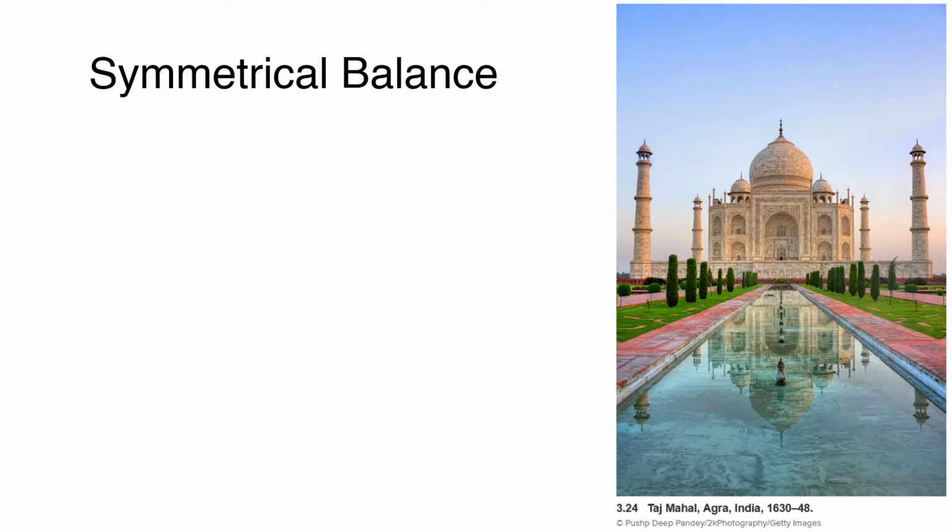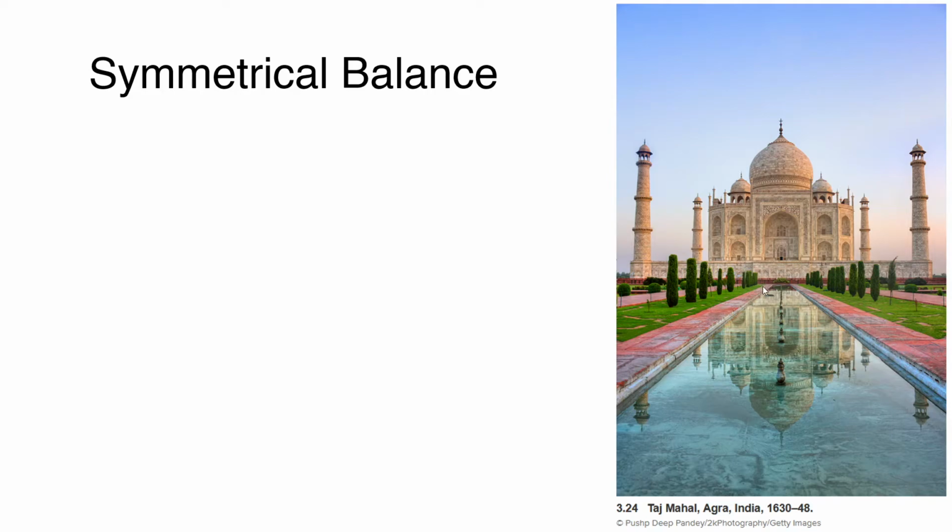So a symmetrically balanced design can appeal to our desire for equilibrium and communicate calm and stability. The Taj Mahal was built by a 17th century Indian emperor as a tomb for his beloved wife. If you take a look at this, the three white marble domes and the four flanking towers create this architectural symmetry.